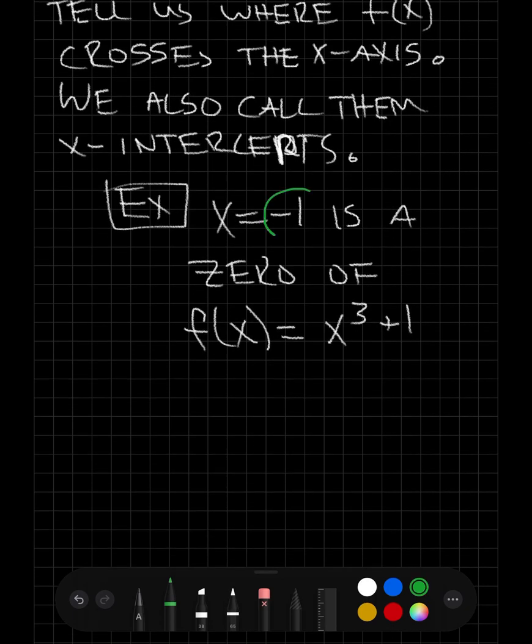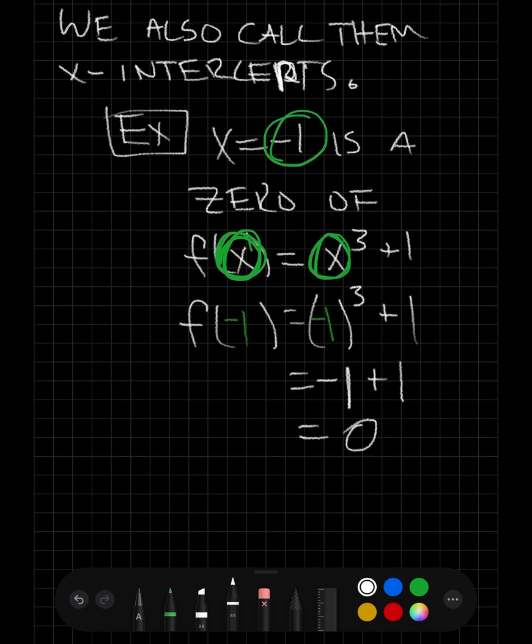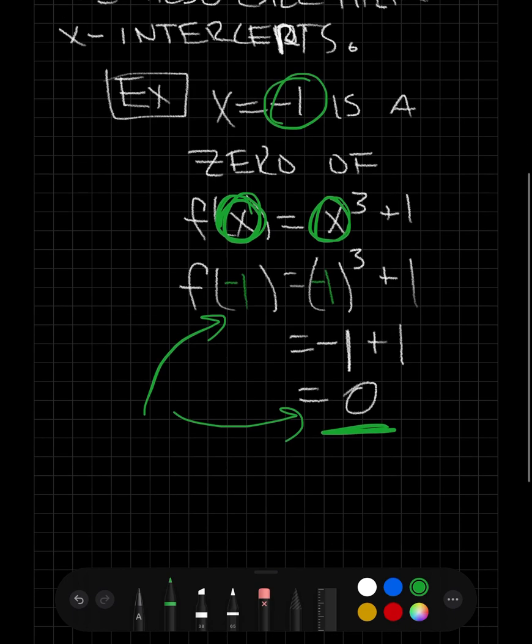And I know that because if I take -1 and plug it into my function, everywhere that I see an x value, here's what I get. f of -1 is equal to -1 cubed plus 1. And if I simplify that, -1 cubed is -1 plus 1. That gives me 0. So that's why you call it a zero, because when I plugged it in here, I got out the answer of 0.